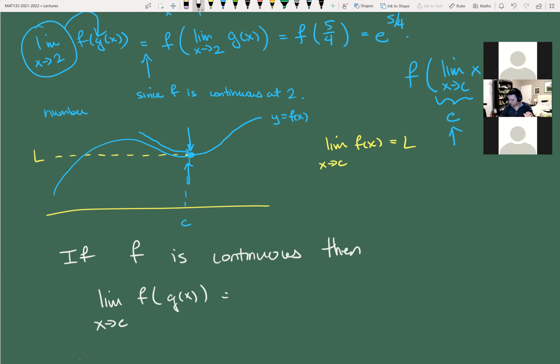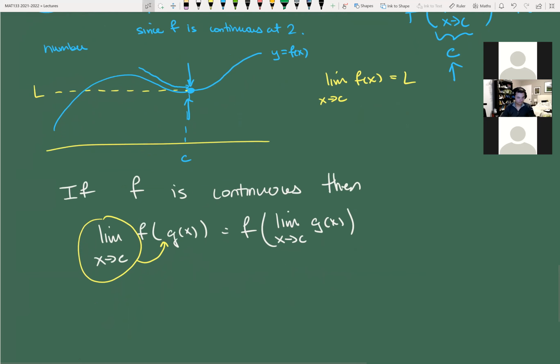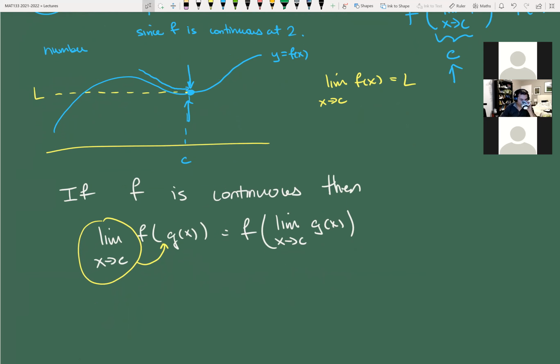Then that is equal to f of the limit as x approaches C of g of x, okay? So that allows me to take this limit and move it inside the function. Okay, Davin, is that good? Does that satisfy what you want? And then Wenshi, I can answer your question once Davin gives me the thumbs up. Yeah, so we can push the limit inside the f.